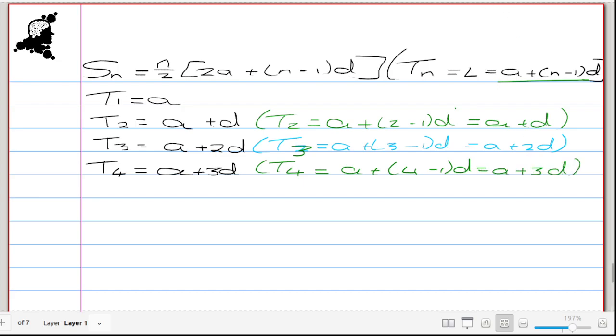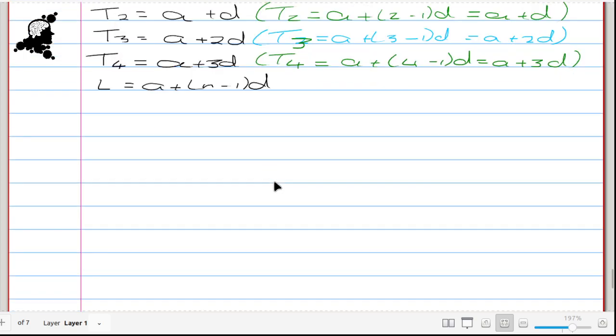Cool. You could go ahead and find the fifth term, but that's not necessary. Just remember that we have our last term as well, which is given by a plus n minus 1 times d. Now, let's continue with the proof.